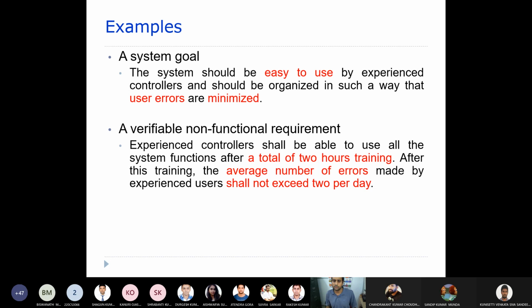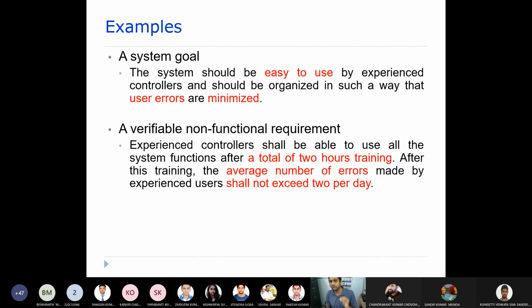He has been provided training and then he is using the system, and you can observe and say: the number of errors made by that user should not exceed 2 per day. So this can be one verifiable non-functional requirement.